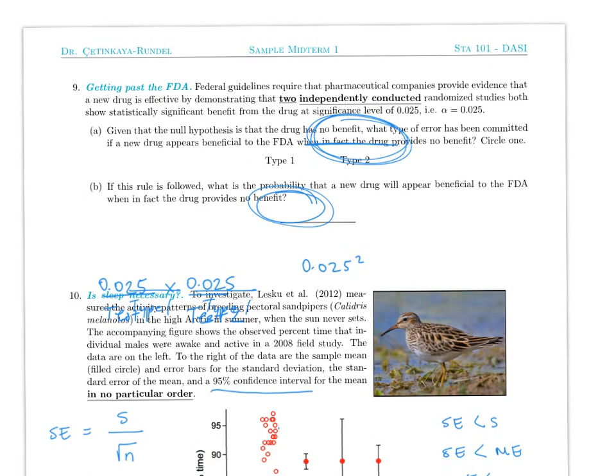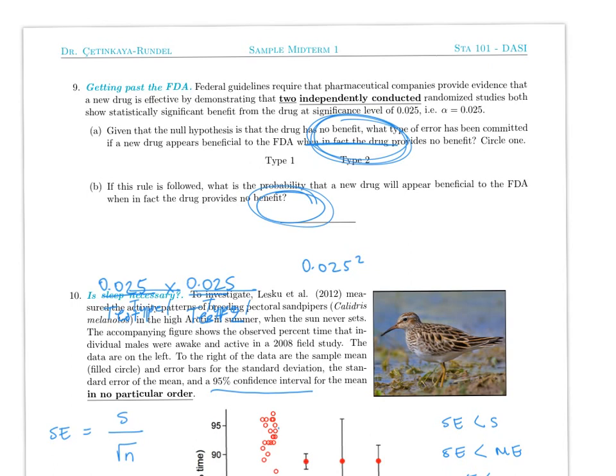So given that the null hypothesis is that the drug has no benefit, what type of error has been committed if a new drug appears beneficial to the FDA when in fact the drug provides no benefit? What do we think? Type 1, right? So here, basically, you rejected the null hypothesis of no benefit when really you should not have done that. Is that clear for everyone why that's a type 1?